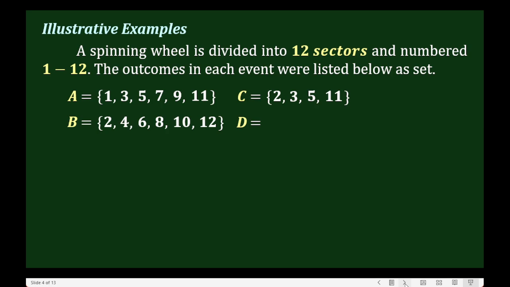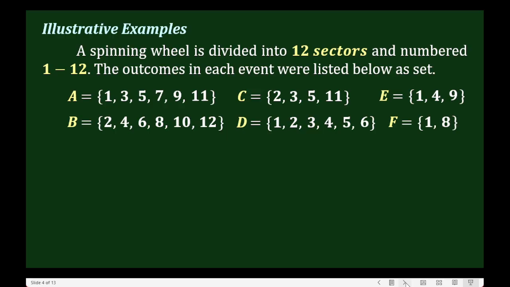Event D, the outcomes are 1, 2, 3, 4, 5, and 6. Event E, the elements are 1, 4, and 9. And finally, for event F, the elements are 1 and 8.